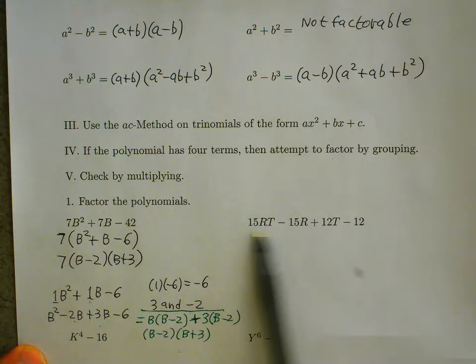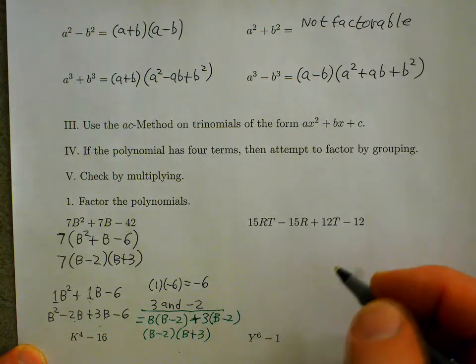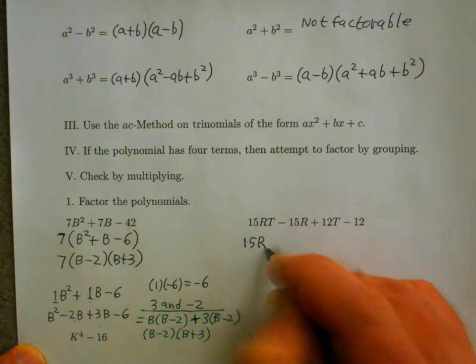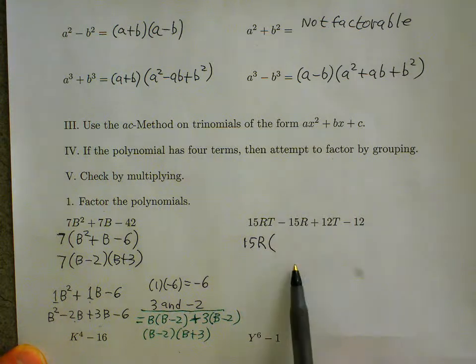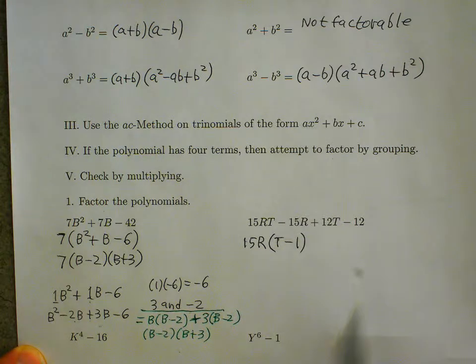Out of the first 2 terms, 15rt and minus 15r, the greatest common factor is 15r. So we'll factor 15r out, and we're left with t minus 1. The middle operator is addition.